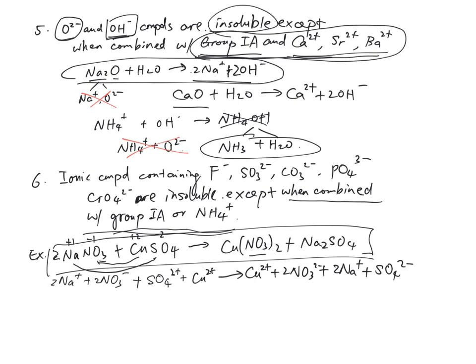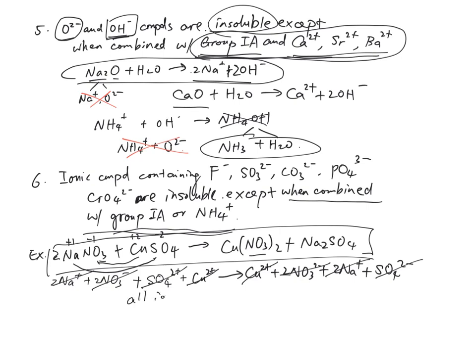What are your spectator ions? Let's go. 2 sodium, 2 sodium, 2 nitrate, 2 nitrate, 2 sulfate, copper. Oops. I canceled every single one of the 4 ions.